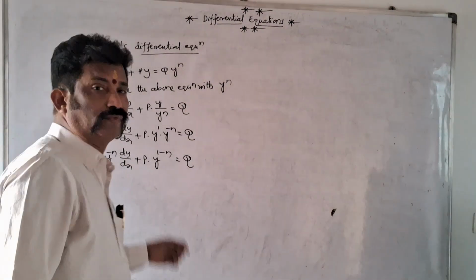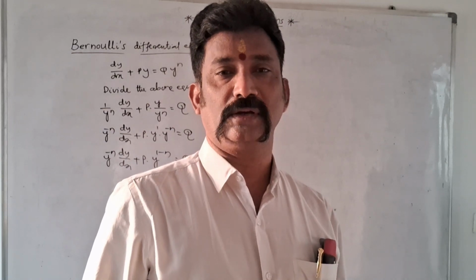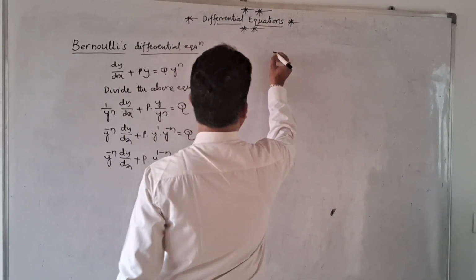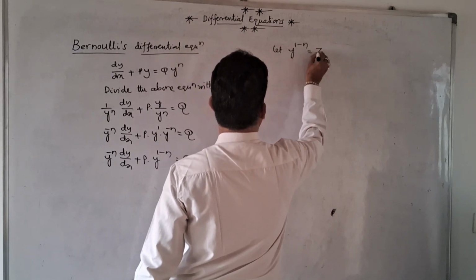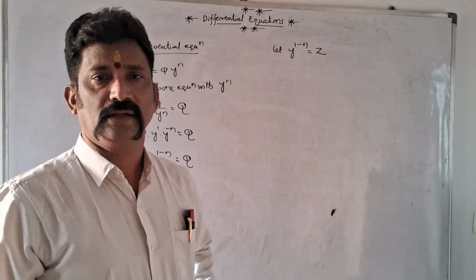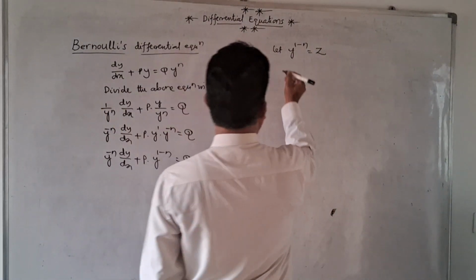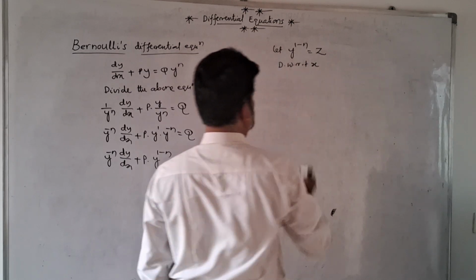Now convert this equation into the standard form of the linear differential equation in y or x. Here I consider that y power 1 minus n is equal to z. Now differentiate with respect to x.